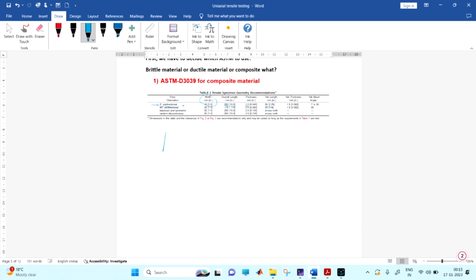What they want to say is that the shape can be rectangular. They are saying the overall length is 250, and in the 250 the tab length is 56.